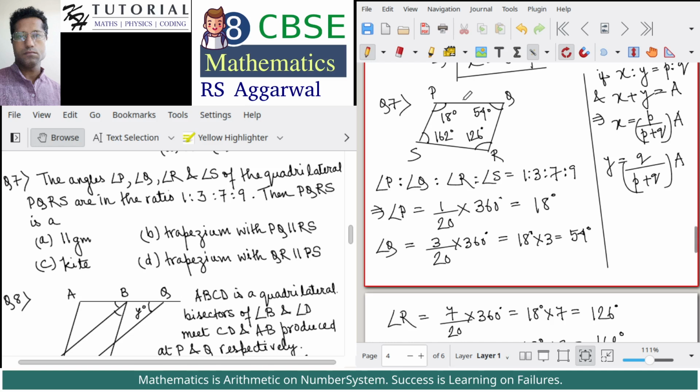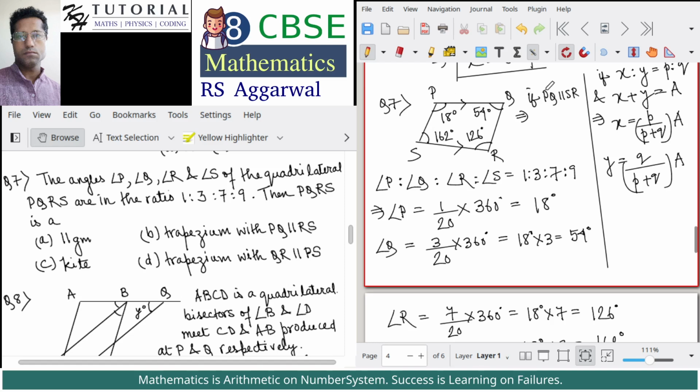If PQ is parallel to RS, then definitely we must have the sum of... if PQ is parallel to SR, this will imply that PQ is parallel to SR, and we are having two transversals, PS and QR.